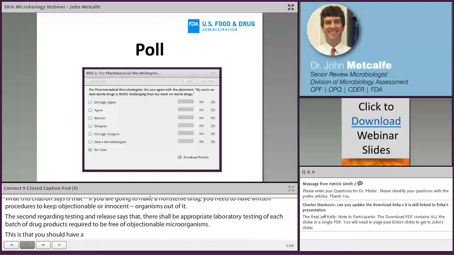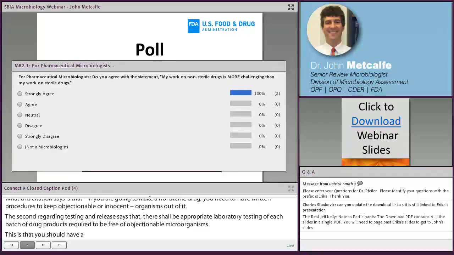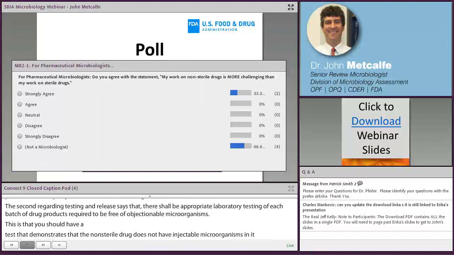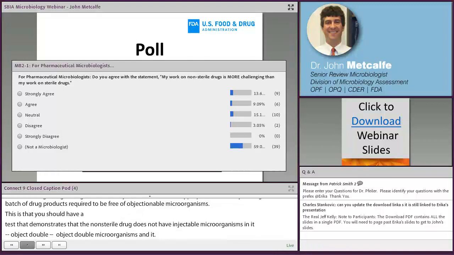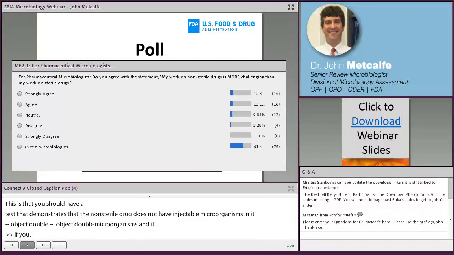Which leads me to my polling question. I wanted to get a little bit of feedback from you. The question has to do with, if you're a pharmaceutical microbiologist and you work on both the non-sterile drugs and the sterile drugs, do you consider your non-sterile drug work to be more challenging than your sterile drug work?